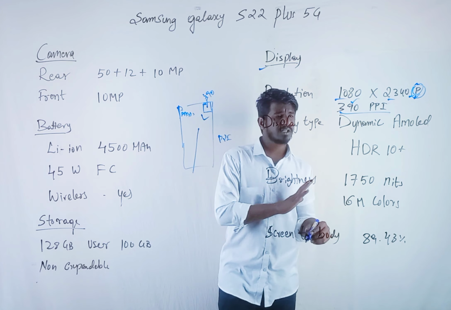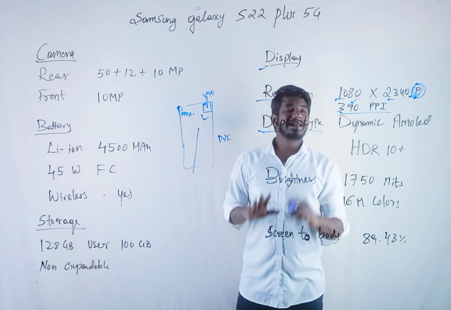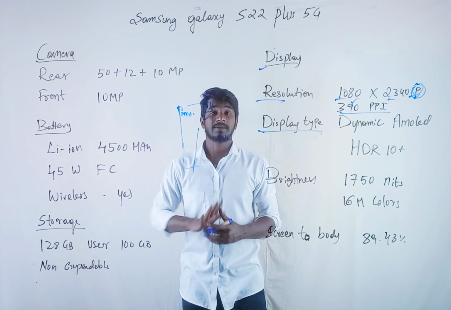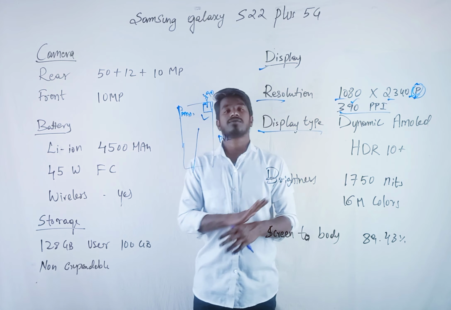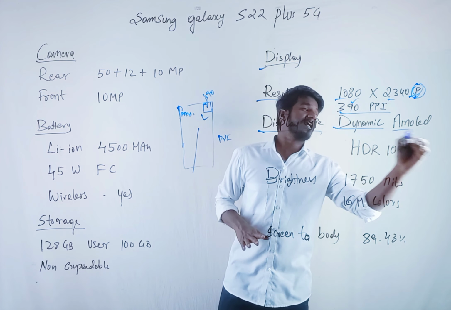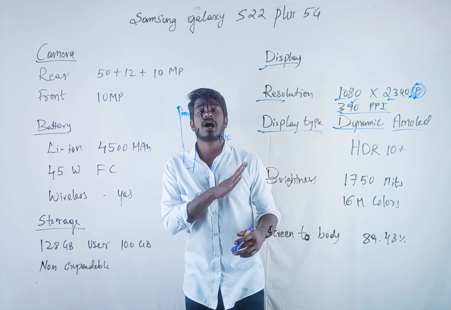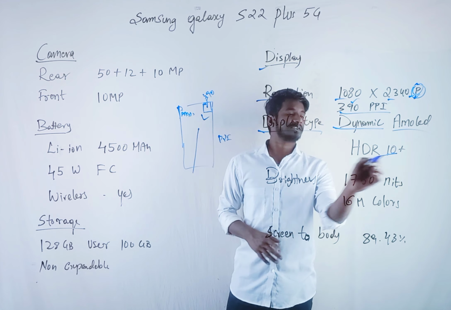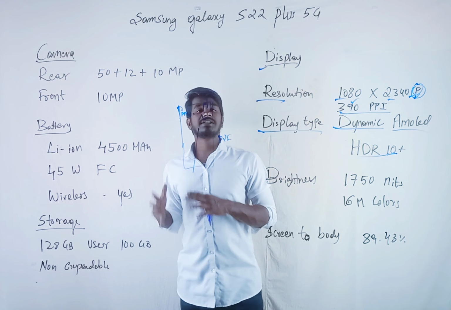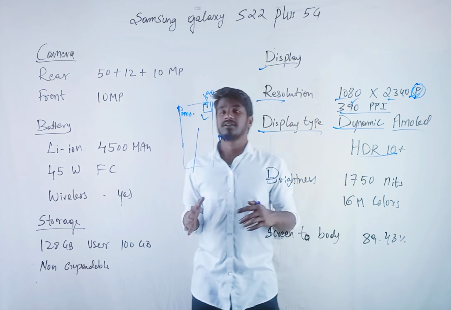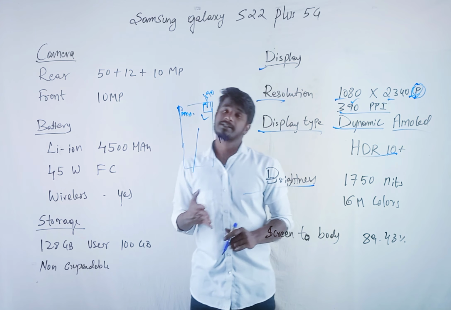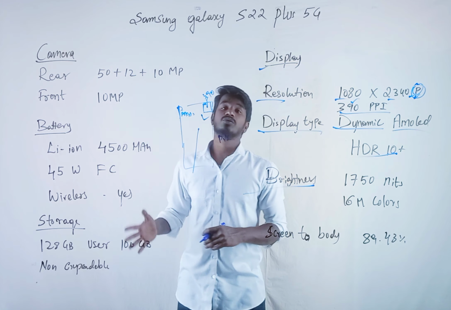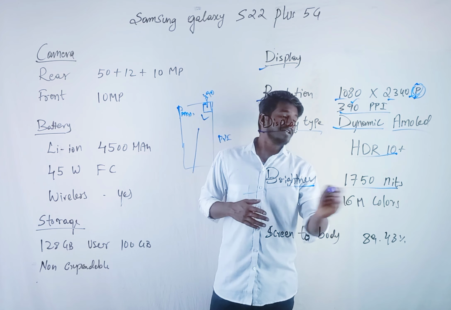Fine. The next is the display type of this mobile. The best available and new technology of this mobile is Dynamic AMOLED HDR10 Plus. They have used the best available display in the market, right? The brightness of the mobile is immense, 1750 nits.